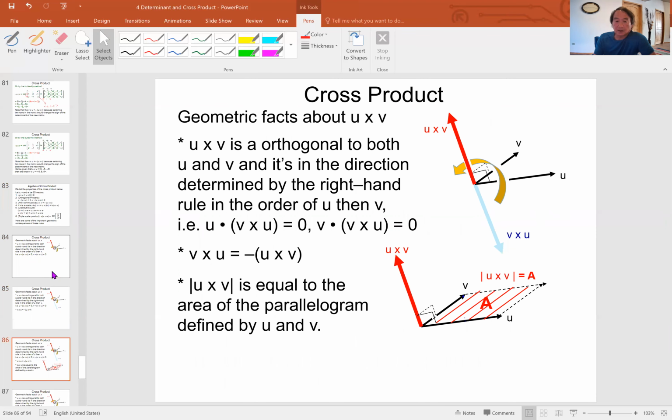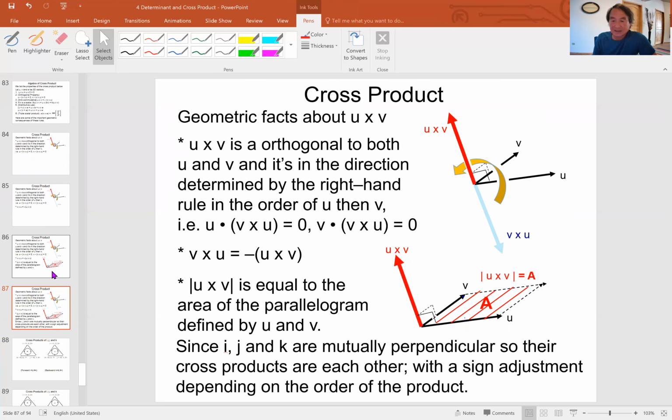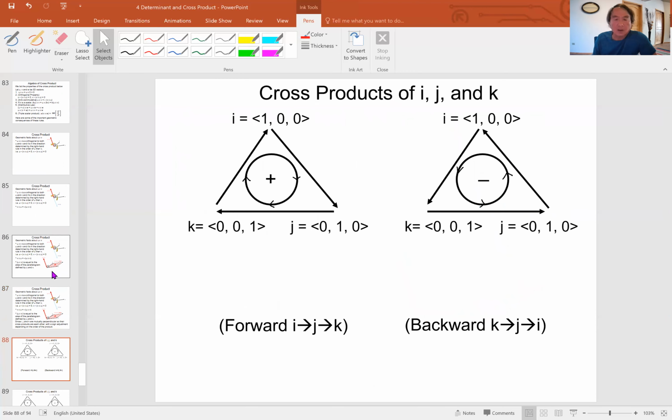A consequence is that the absolute value of u cross v gives the area of the parallelogram defined by u and v. These come out as consequences of rule number 6. We'll leave the proof to the book.